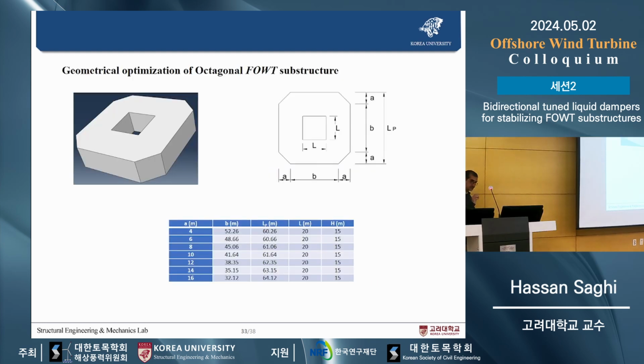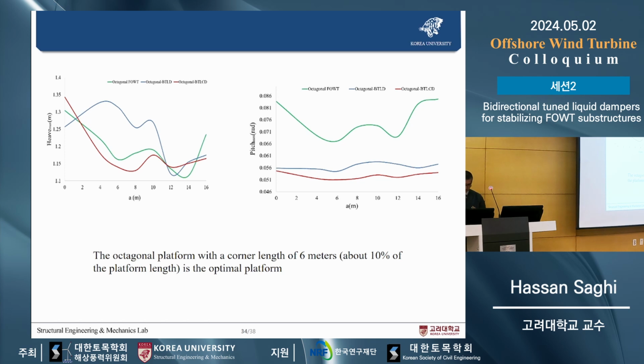And after finding the optimum BTLCD, we focused on a new substructure geometry, octagonal, and we defined different geometries, summarized in this figure for different A. And we modeled these cases. After modeling, here we summarize the results for different A, showing the maximum pitch.